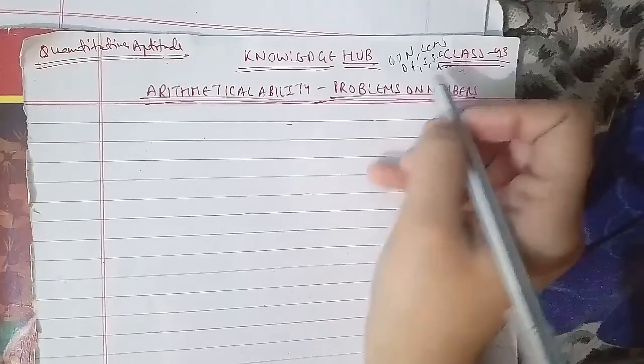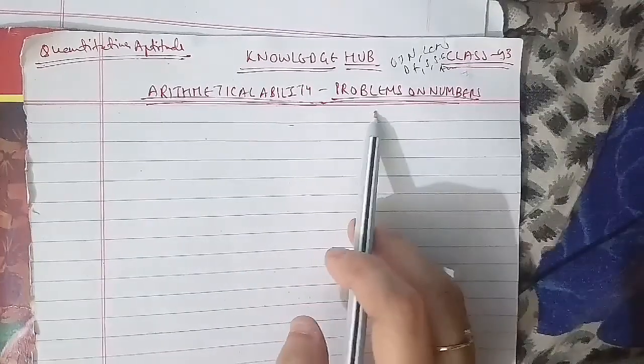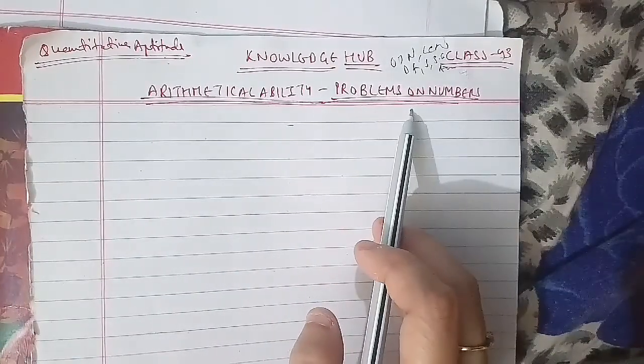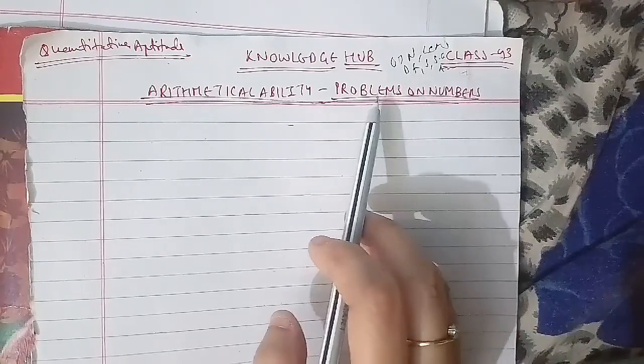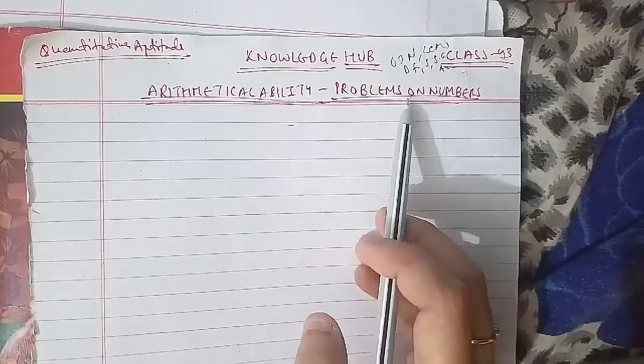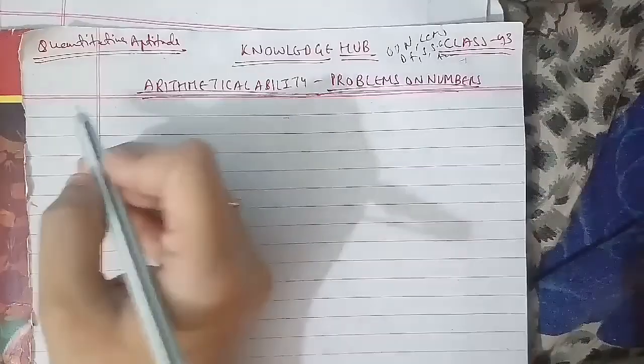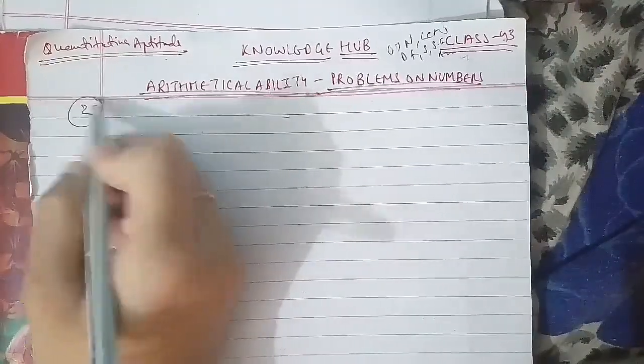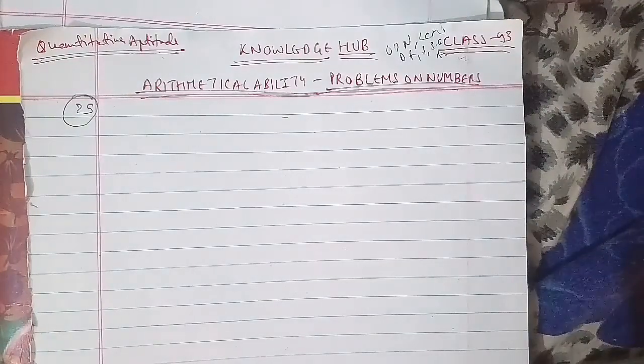The second topic is problems on numbers, where in the last classes we covered 24 questions. Today we're going to start with the 25th question of the session. That is also an important one.